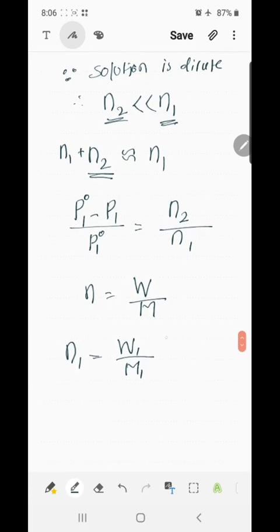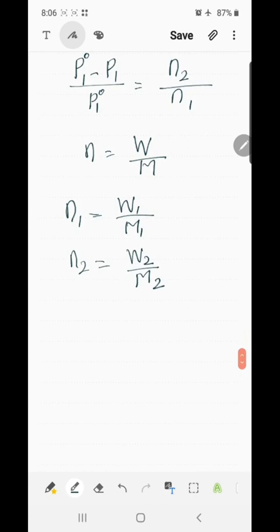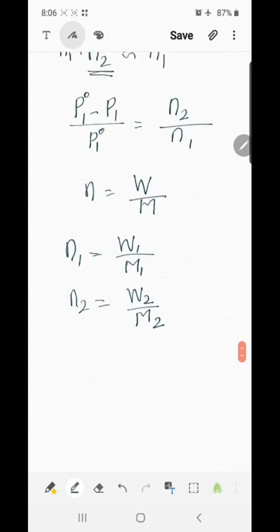We already discussed that we take the subscript 1 for solvent. So N1, the number of moles of solvent, is equal to mass of solvent upon molar mass of solvent. Similarly, we take N2 for solute. So N2 is equal to mass of solute upon molar mass of solute. So W2 is mass of solute, M2 is molar mass of solute, and that ratio gives you number of moles of solute.